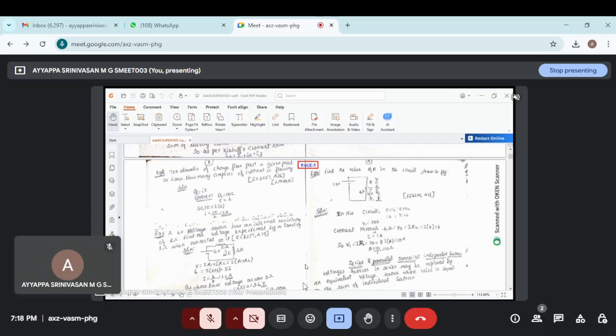So what is the current? Charge is given by Q, which is 10, current is given by I, and time is given by T, which is 2 seconds. So 10 by 2 is equal to 5 ampere.